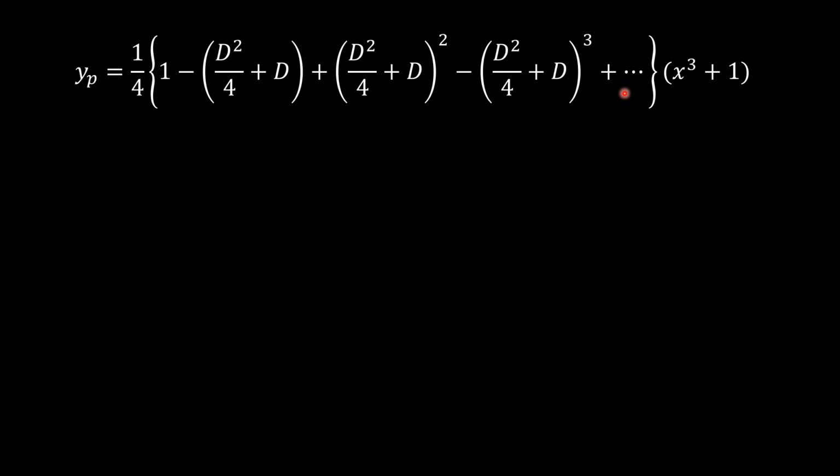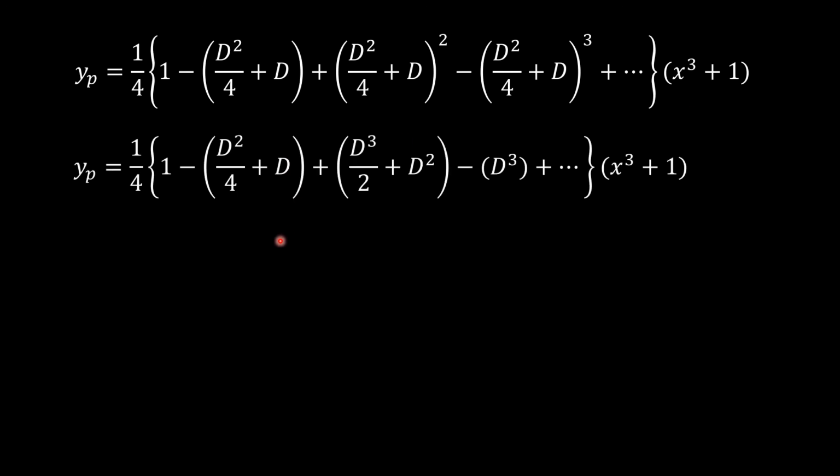See here also I haven't considered the brackets having power greater than 3 because the power of x here is 3. So we have to consider up to the cube only. Now simplify these brackets and collect only the desired terms that will give us the non-zero derivatives.